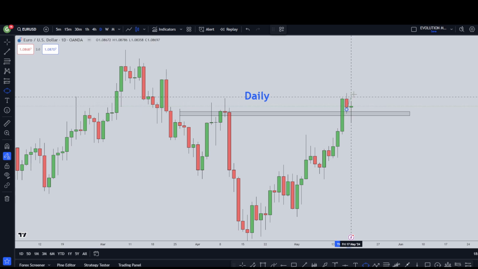And this is a typical break and retest pattern, that is retesting and rejecting at this resistance now turned support area.